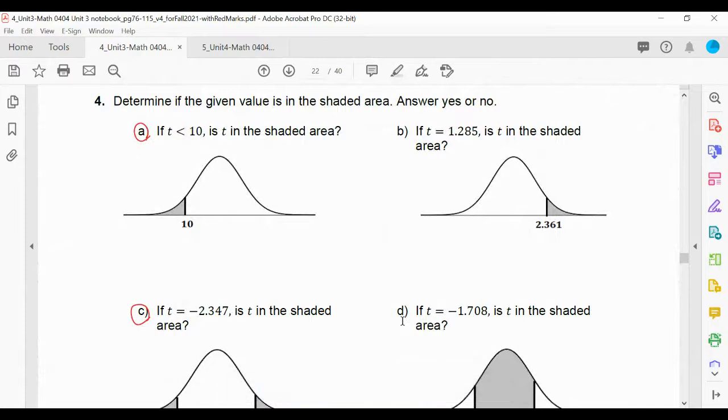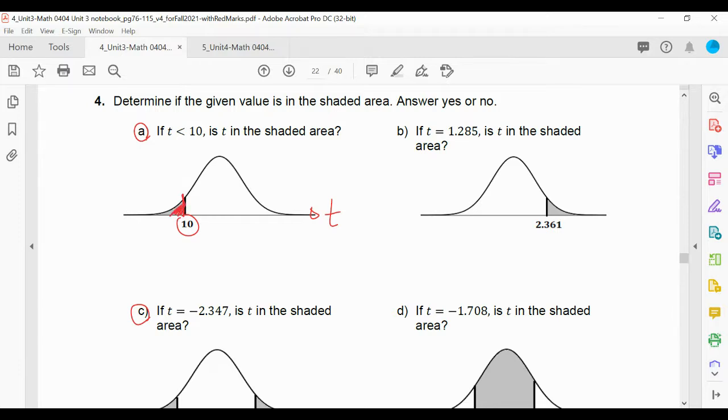Question number 4 says determine if the given value is in the shaded area. Answer yes or no. The first one looks kind of weird, but if t was any value less than 10, is t in the shaded region? If these are the t values, t is 10 here.